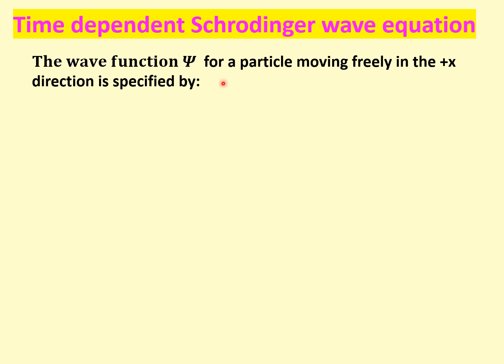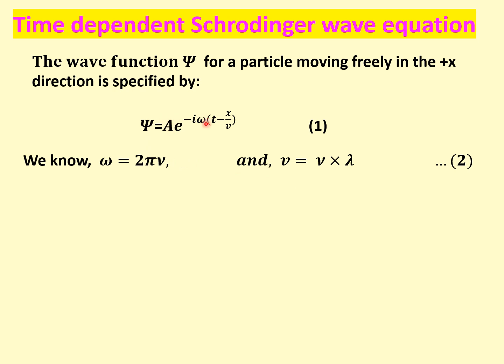The wave function psi for a particle moving freely in x direction is given by psi equal to a e raised to power minus i omega t minus x by b. So it is a complex wave function where omega is 2 pi nu and b is nu into lambda.